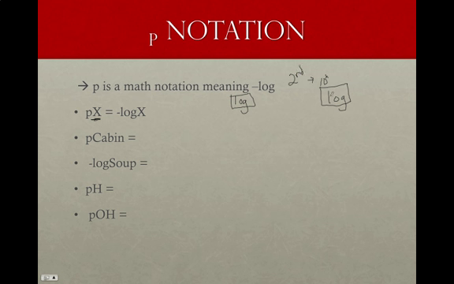So let's get a little practice, and some of these are a little bit fun. So P of cabin, well, P of anything is negative log of what that is, so that would be negative log of cabin. And the negative log of anything means we use our P notation. So negative log of soup would be P soup.